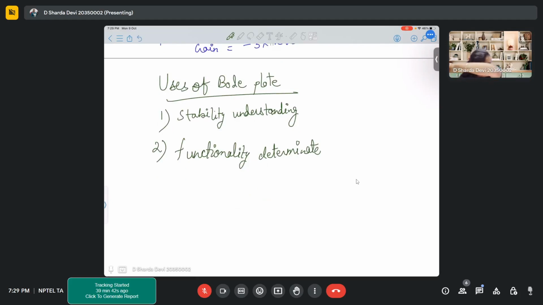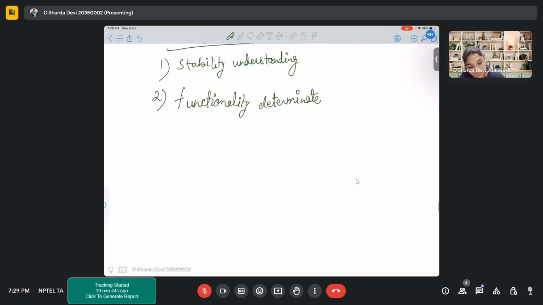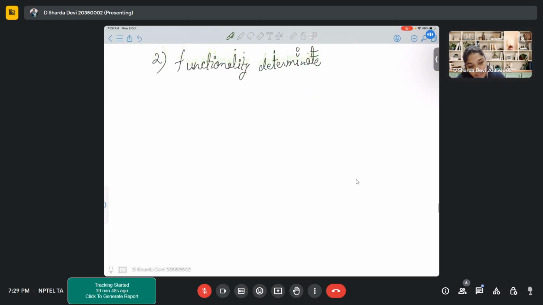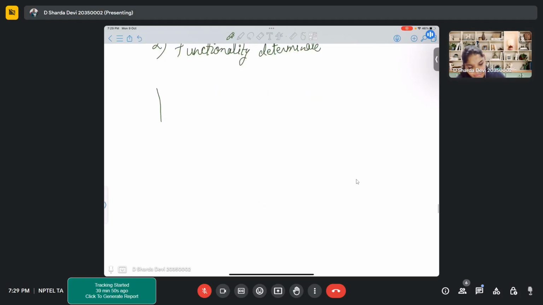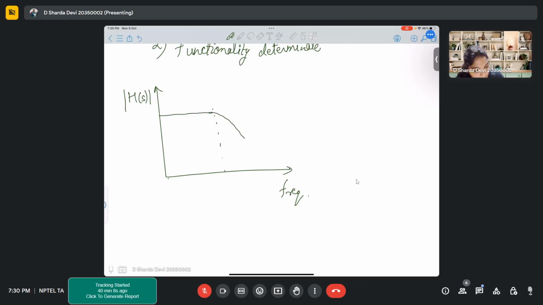Now, for example, let's say you have a circuit, and its Bode plot is given. Majority of the times, the phase and magnitude Bode plot is given. So there is a circuit with this type of Bode plot.